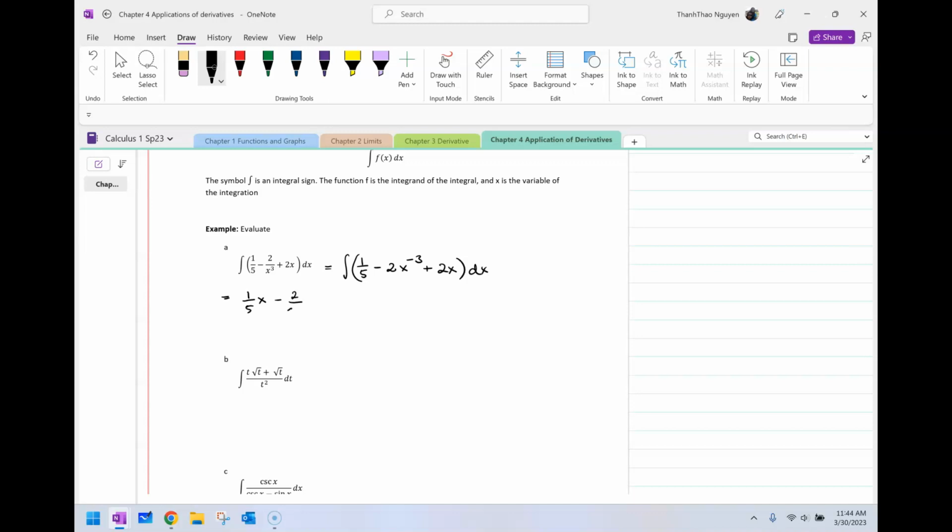So 2 divided by negative 2 times x to the negative 2, plus x squared, plus a constant, because this is a family of antiderivatives. So it is 1/5 x plus 1 over x squared plus x squared plus c, for c a constant.